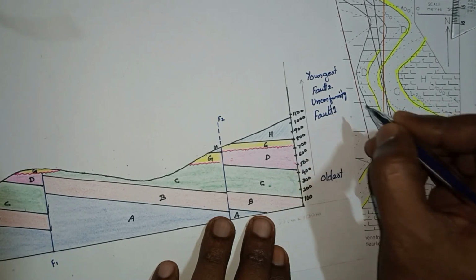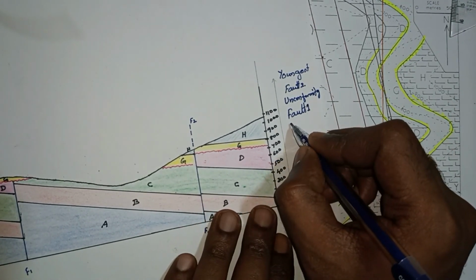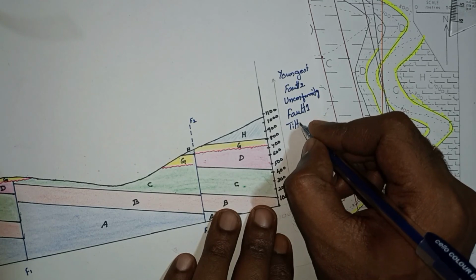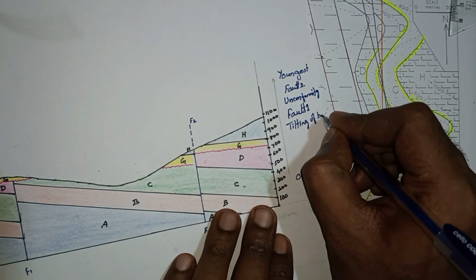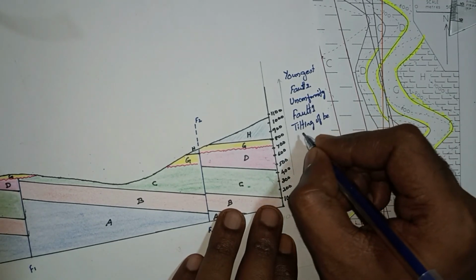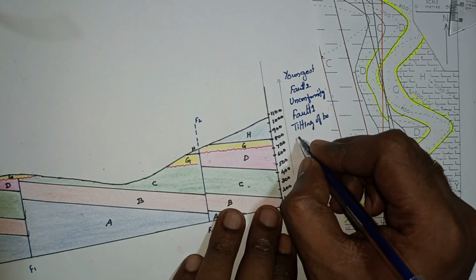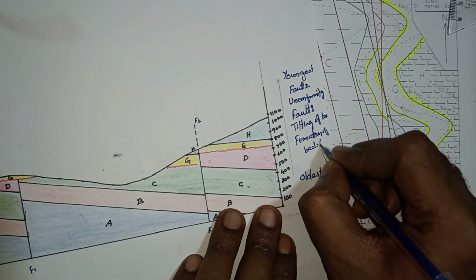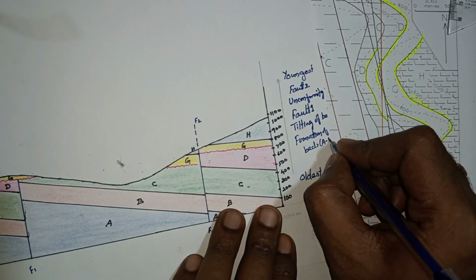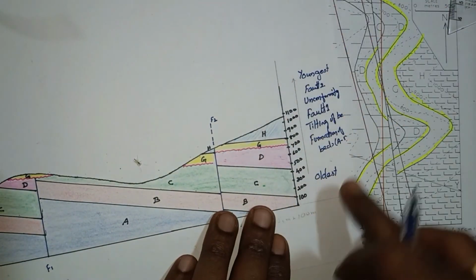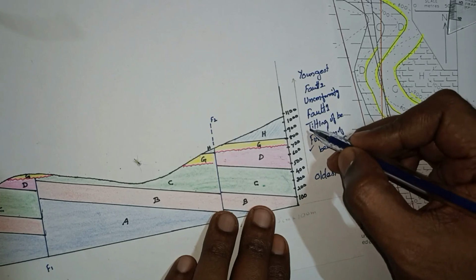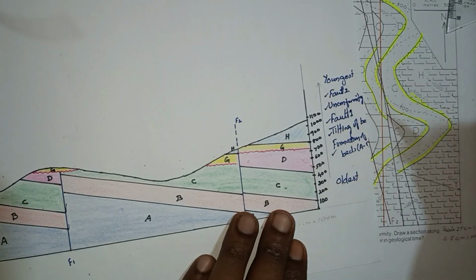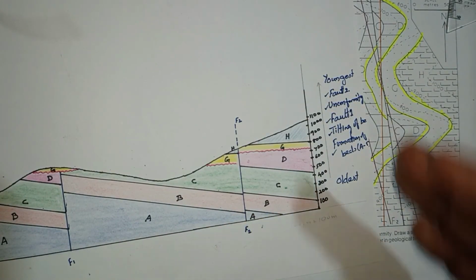Then we have tilting of the beds. Then we have formation of beds, A to D. So from old: first the formation of beds, then the beds are tilted, then fault 1 occurred, then the unconformity, and finally we have fault 2. So this is the geological history of the area.